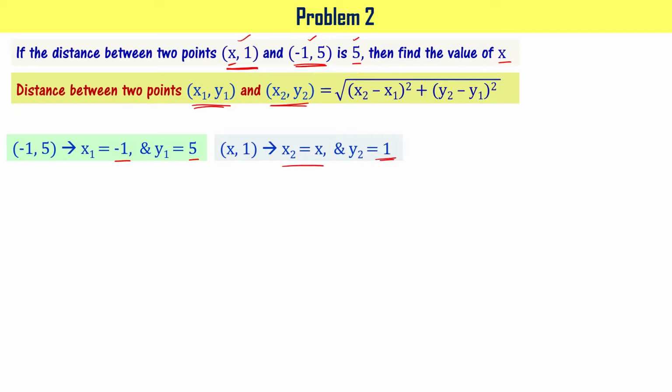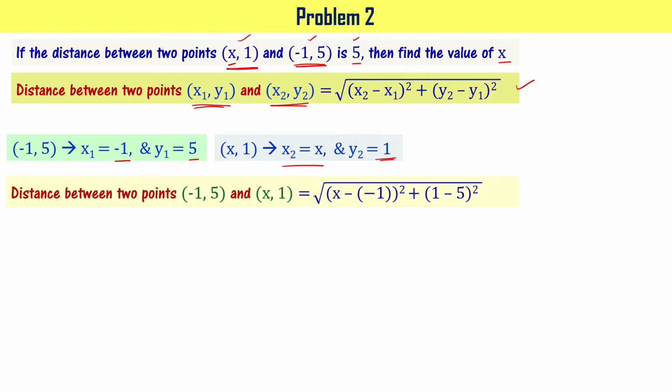Now let's substitute these values into the formula, so that the distance between the points minus 1, 5 and x, 1 is going to be square root of x2 minus x1 whole square, that is x minus of minus 1 whole square, plus y2 minus y1 whole square, that is 1 minus 5 whole square.